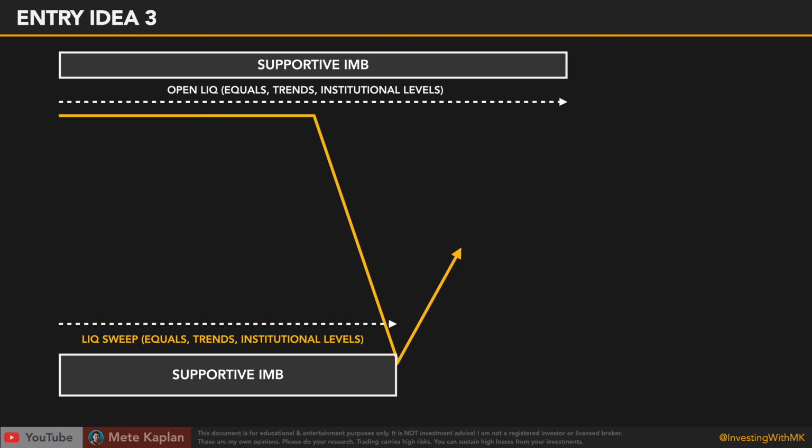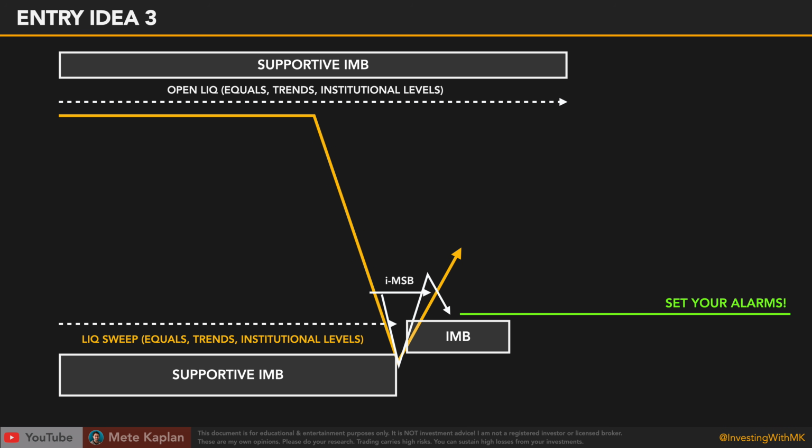The last type is mostly setting alarms in your POE areas and watching the reactions. This is the most time-consuming trading style. But the advantage is sniper-style trading, which can get over 5-hour setups. Basically, once your alarm hits, you will go to even lower time frames to confirm the entries.